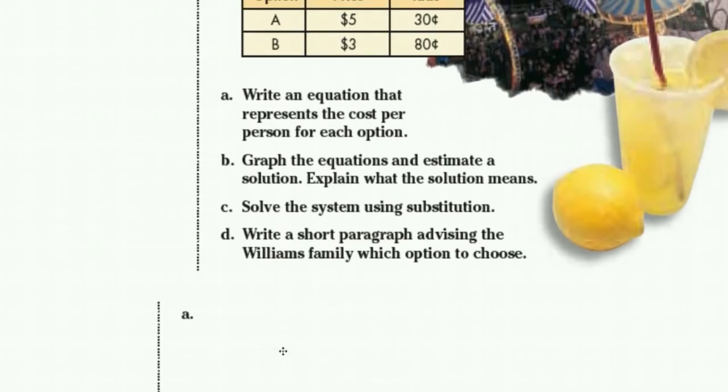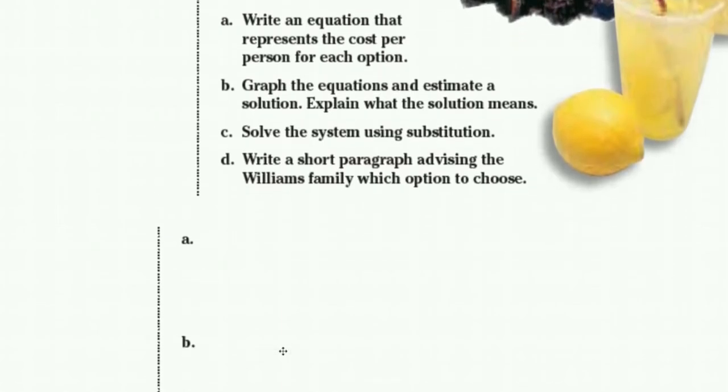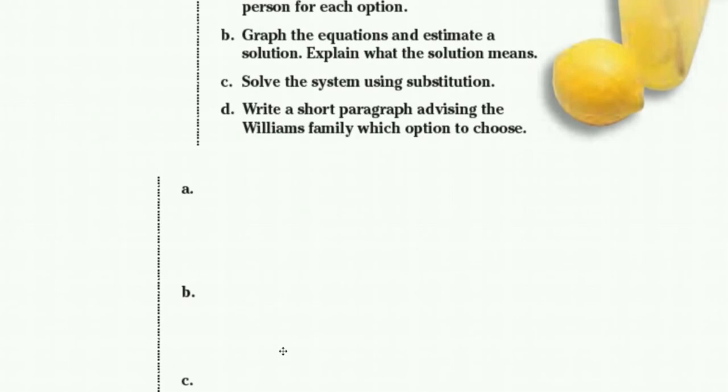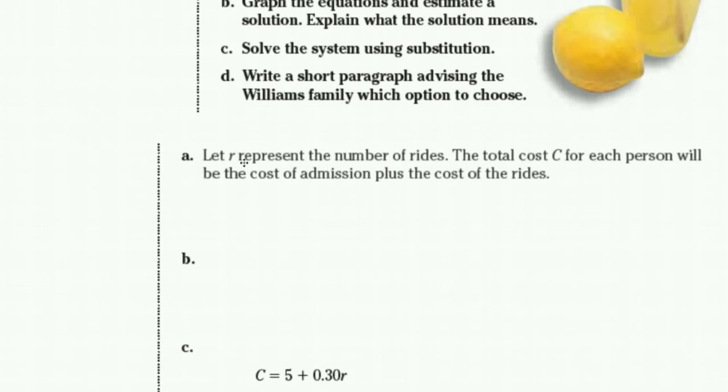Letter A, it's asking us to write an equation that represents the cost per person for each. So we let R represent the number of rides. The total cost, C, for each person will be the cost of admission plus the cost of the rides.